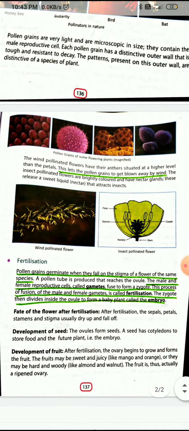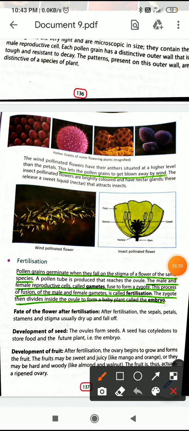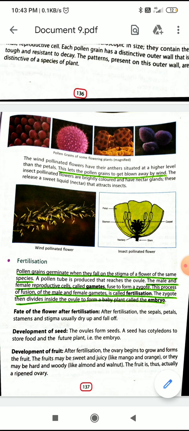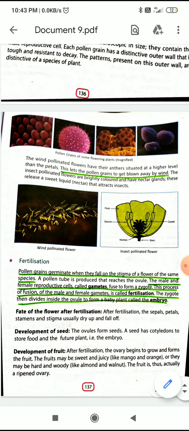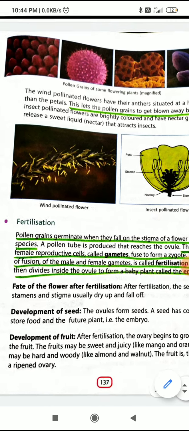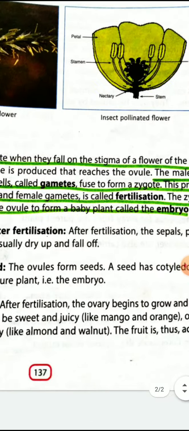Now the last step is what? Development of fruit. After fertilization, the ovary begins to grow and form fruit. The fruits may be sweet and juicy like mango and orange, or they may be hard or woody like almond and walnut.